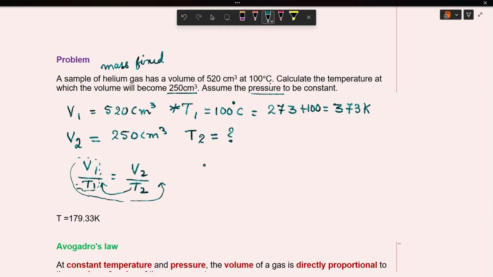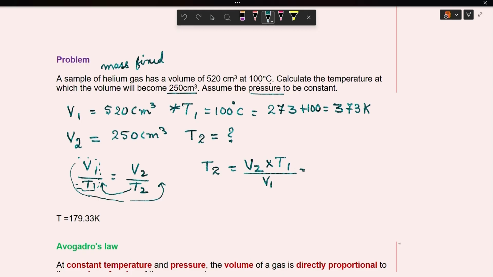So, the expression will be like T2 on this side, V2 is already here. Now, when I take these two to the other side, the denominator when it comes over here becomes the numerator. So, that will be T1 and the numerator becomes the denominator, that is, it is getting inverted.